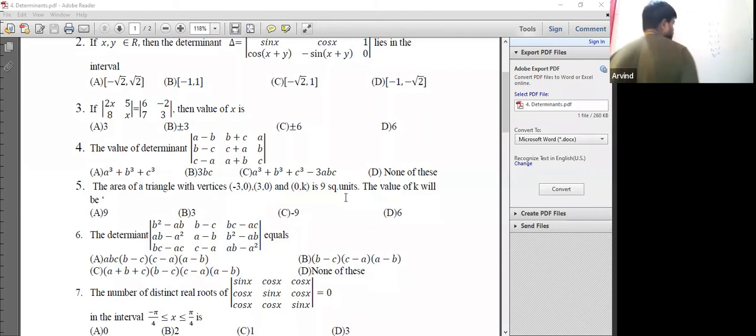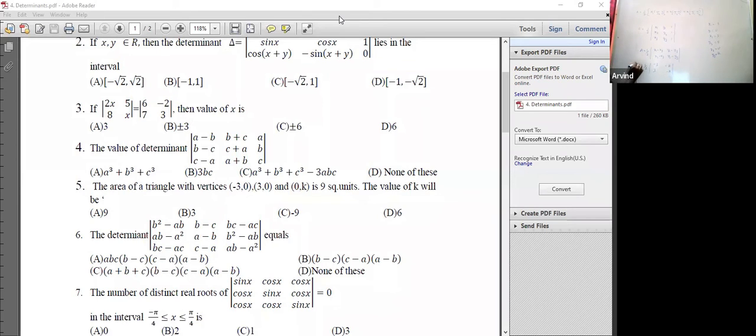So if I substitute in the formula, I'll be getting area is equal to half, x1 minus x3, minus 3 minus 0, minus 3 comes. y1 minus y3, 0 minus k is minus k. x2 minus x3, 3 minus 0 is 3. y2 minus y3, 0 minus k is minus k.